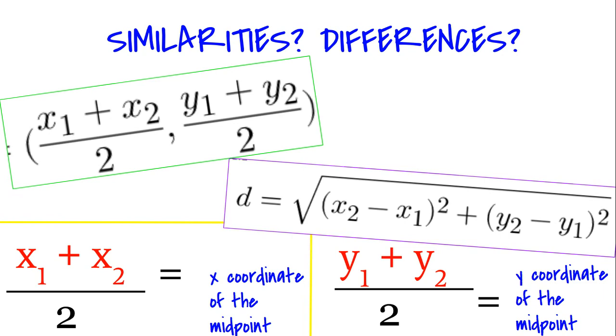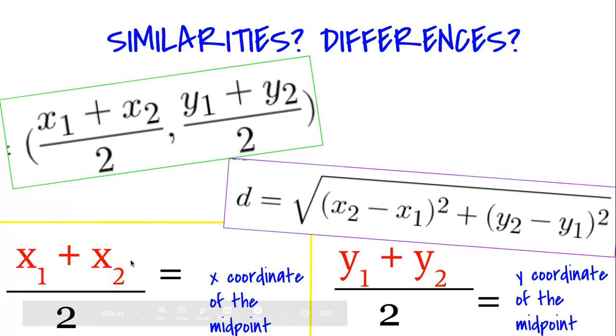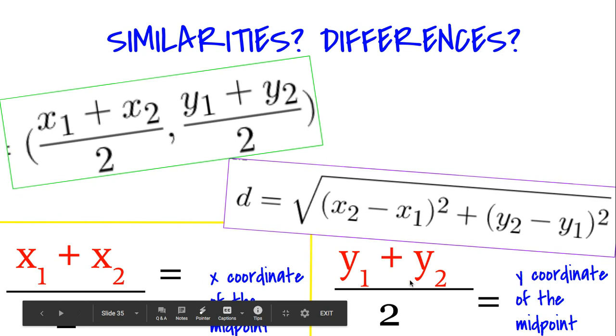Similarities and differences. You'll be asked about this on your quiz. The biggest similarity is that they each use substitution. We have x1 coordinates and x2 coordinates. If we have both endpoints, we can plug those in. Another big similarity is between the midpoint formula and the formula where we're looking for the other endpoint.